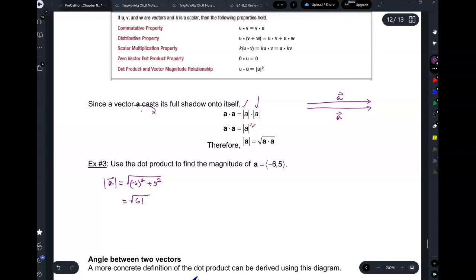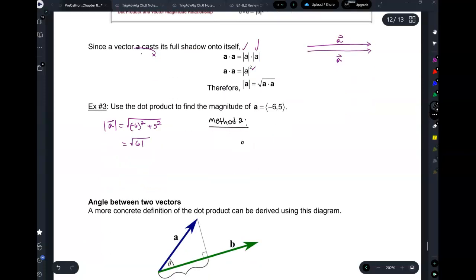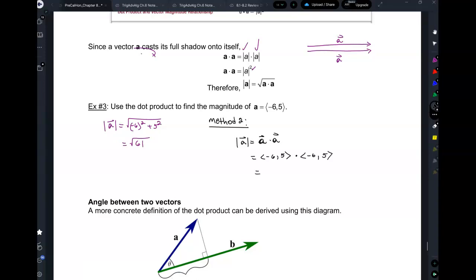But now, method 2, to find the magnitude, you can also just do A dot A. So that would be this dot this.